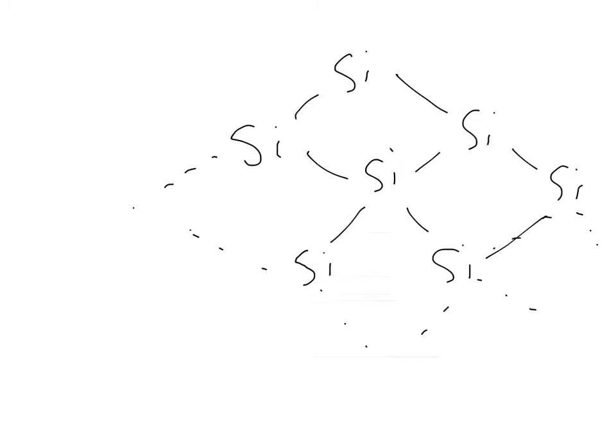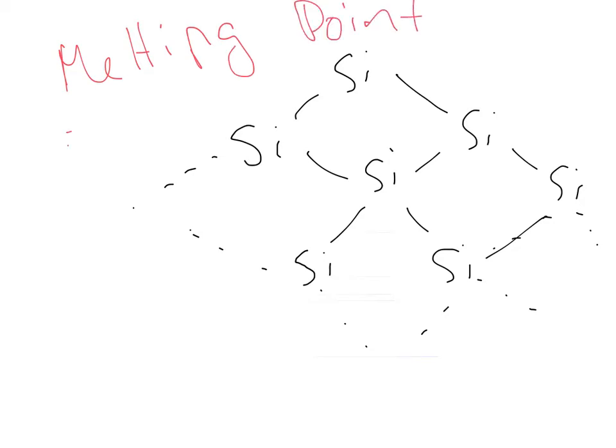The energy required to break it is a lot, and because of this inherent bonding between all these other silicons, extending out pretty much to infinity, silicon is strong. It takes a lot of energy to break apart these bonds, thus it has a high melting point. So the melting point is equal to the energy to break the bonds.